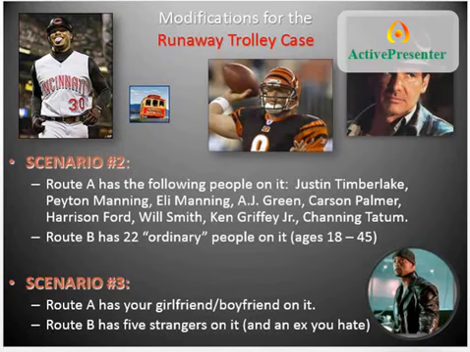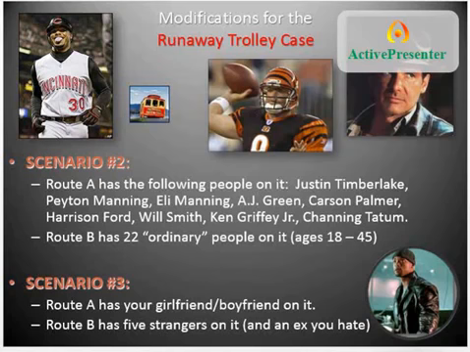Scenario number 3, let's say Route A has your girlfriend or boyfriend on it, or husband, wife, and Route B has 5 strangers on it, and an ex that you hate. Now, a utilitarian, interestingly enough, does not count his or her own pleasure any greater or any less than anybody else.